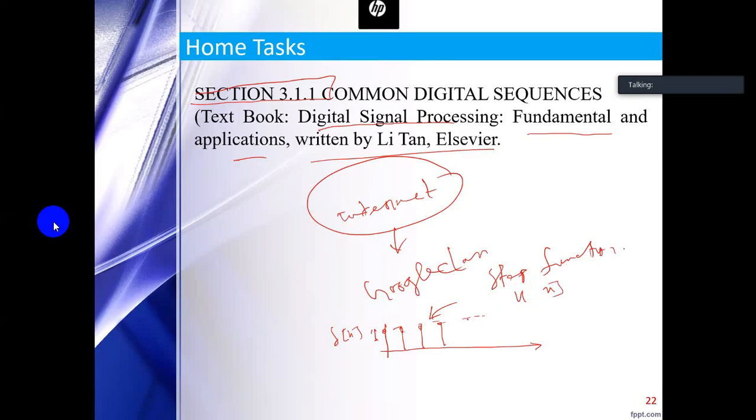All amplitudes are the same. But if you understand delta function shifting, then it won't be difficult for you to understand what should be the property of a step function also. So I recommend that you go through this section.